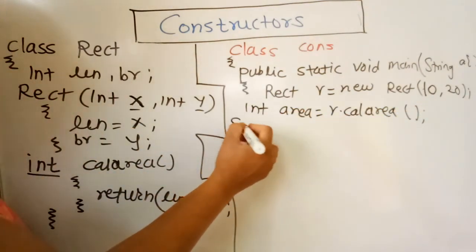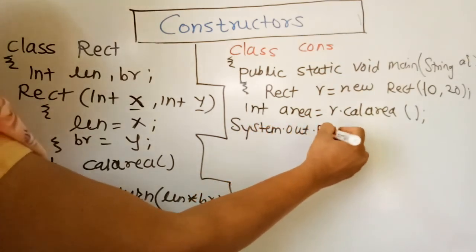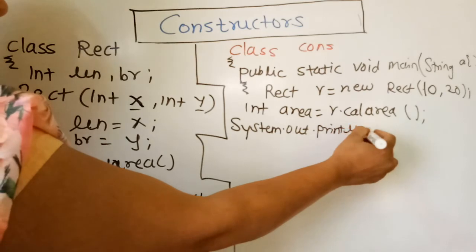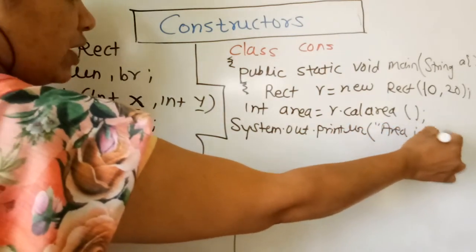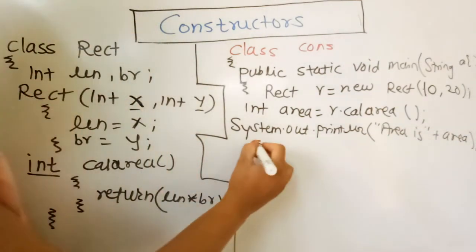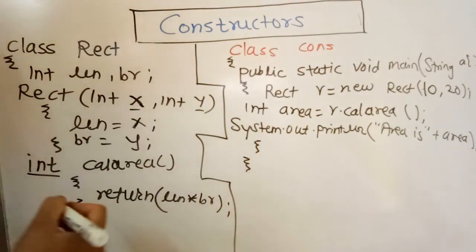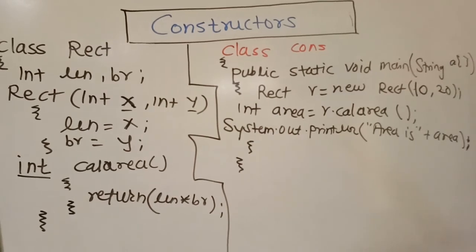You have to simply print it here. System.out.println("area is", and you have to simply print the variable. Now you are completing the main method, you are completing the class. So this is nothing but the mechanism of creating the constructor and calling the constructor by initialization of the object.